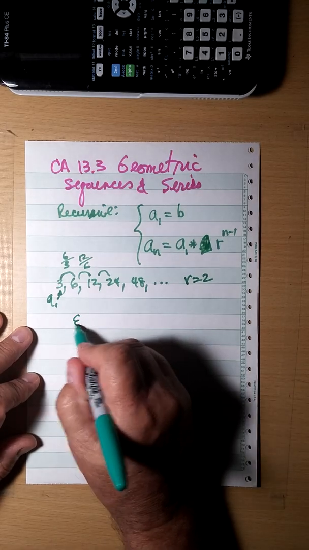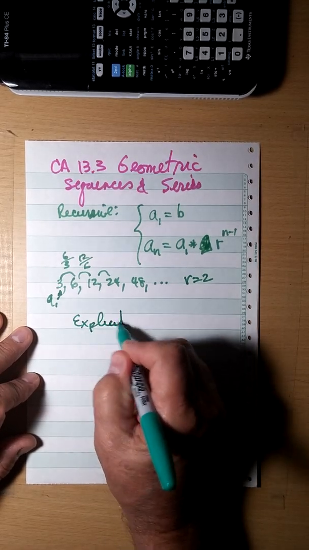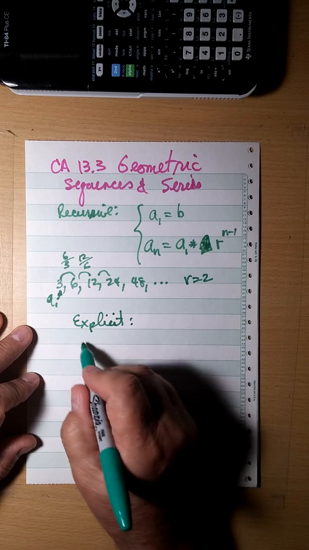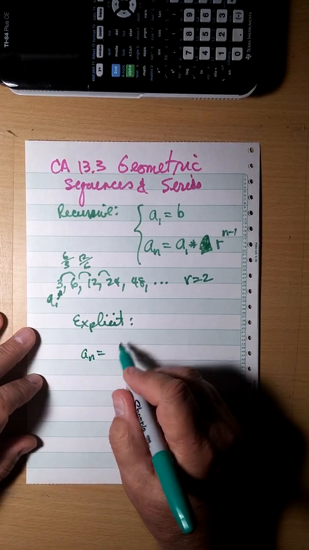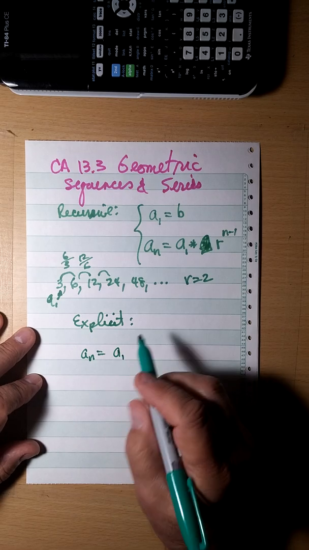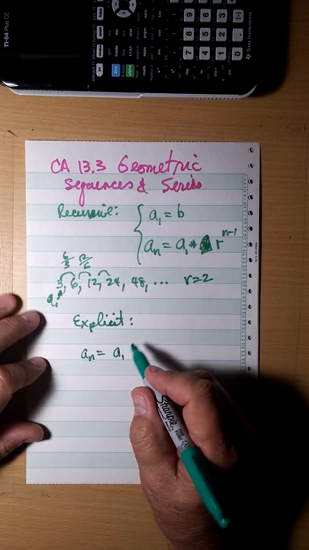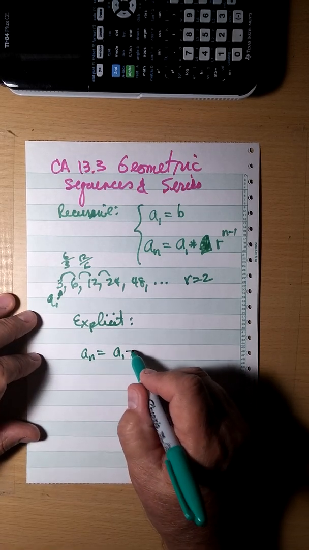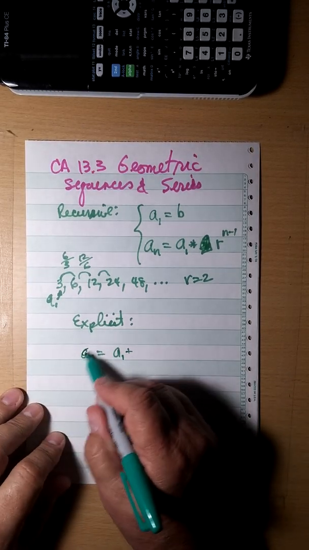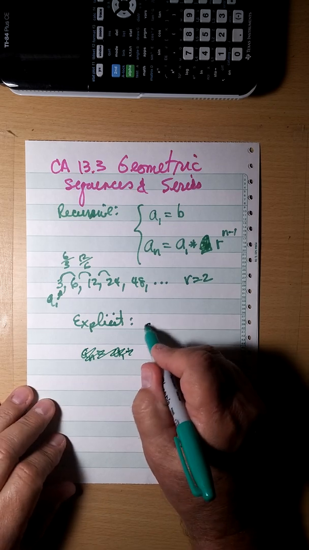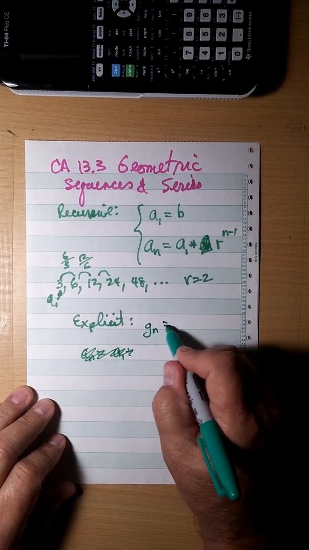The explicit formula, you need the nth term is the first term, and I forgot, we're going to use g sub n for geometric.